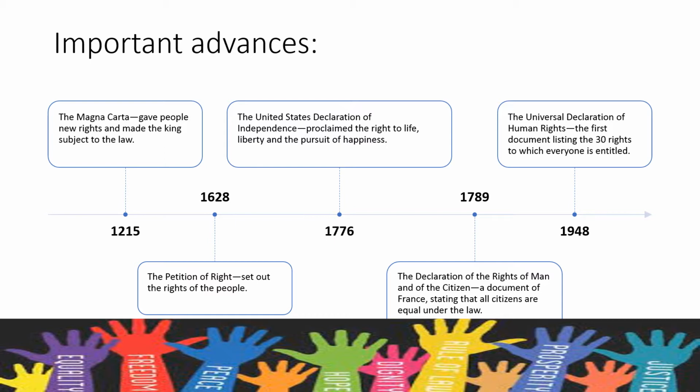But another important written advancement would be in 1215, the Magna Carta, which was given to the people by the king. And this is a very big thing because the kings, they own the subjects. They are literally the state. But here, the king gave rights to the people through the Magna Carta.